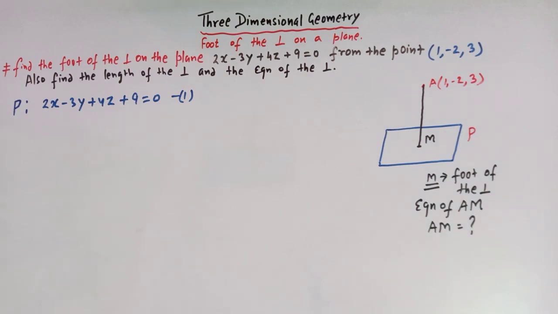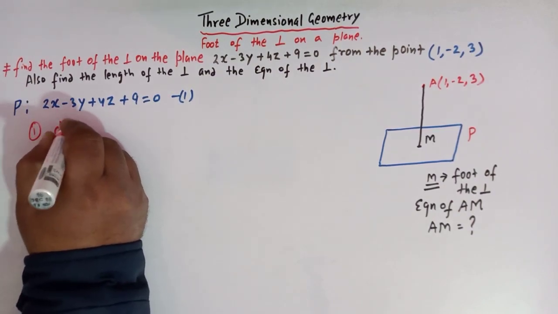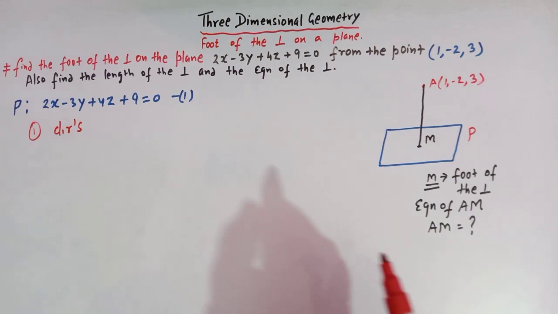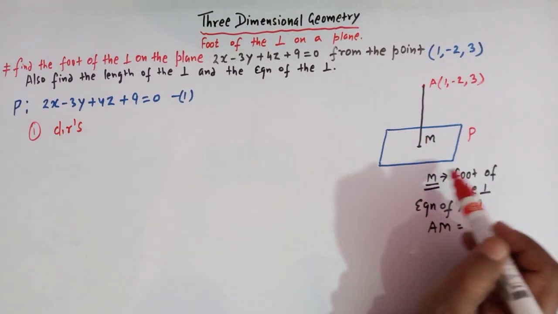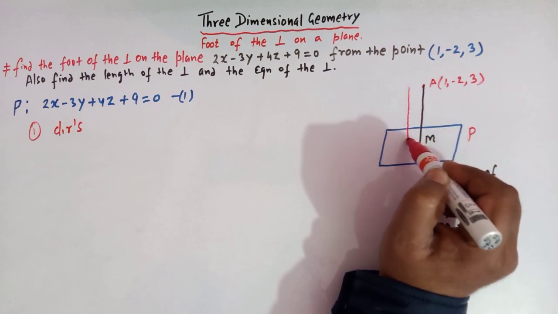Now here we will make use of the concept of straight line and some concepts of plane to solve this problem. So let us first use the concept of direction ratios. See, here this is the plane P, and the normal to this plane is like this.